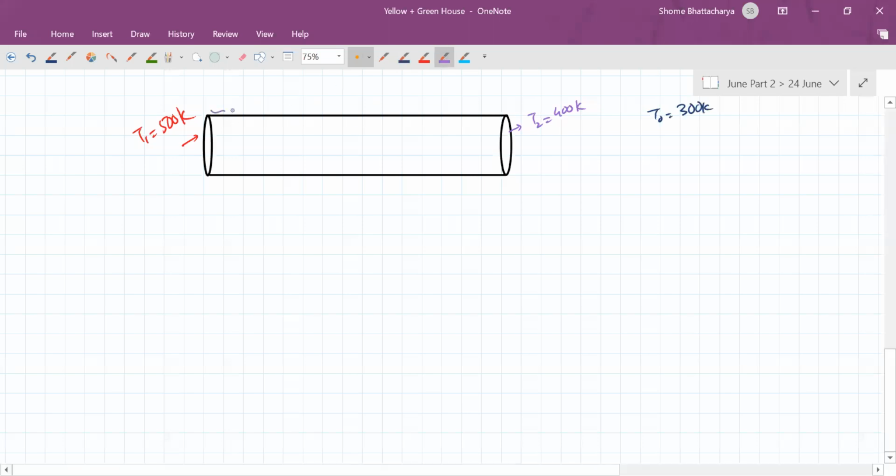Whereas this part is all insulated. So because there is insulation here, the heat transfer is happening only via conduction inside, and via radiation here.